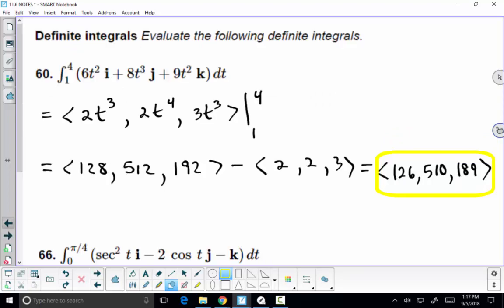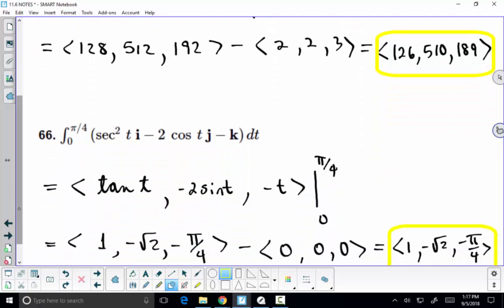All right, so that is the last of the exercises from 11.6. So let's go over to 11.7 and start doing crazy applications. Some cool Calc 3 stuff. This is the beginning of some really practical types of problems. We're going to talk about projectile motion.